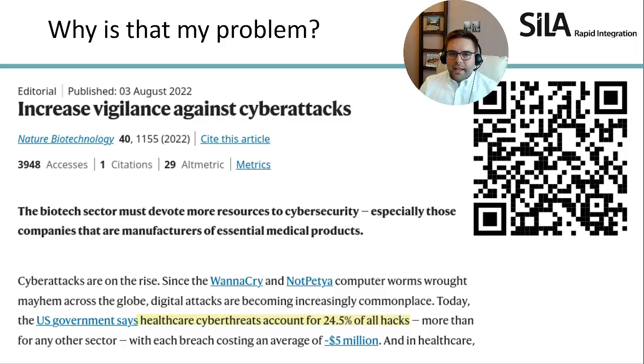And that this is a real problem is becoming increasingly visible. This is an editorial from Nature where they analyzed that now nearly 25% of all hacks are somehow related to healthcare.